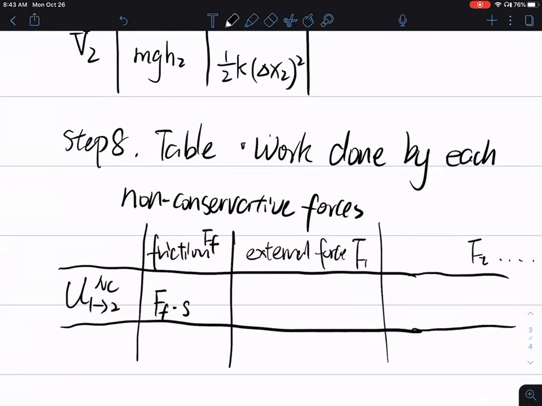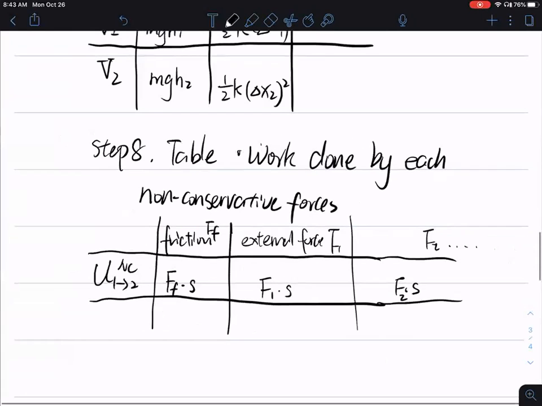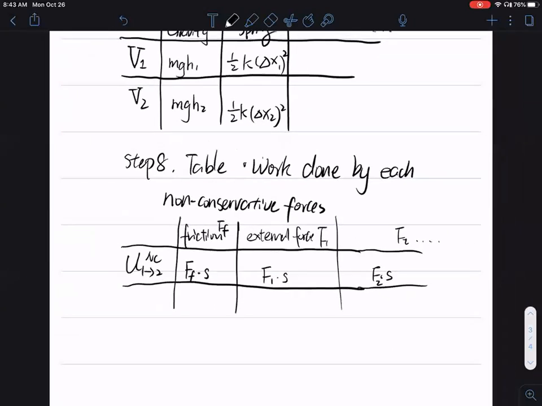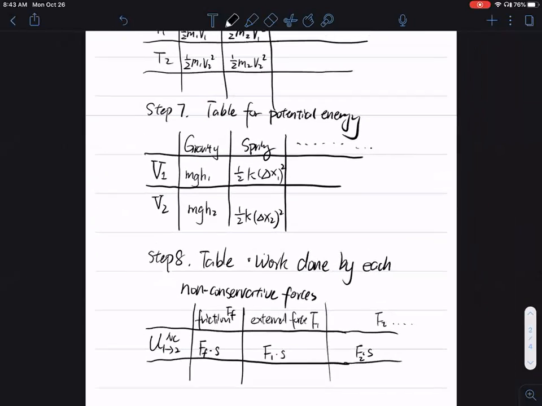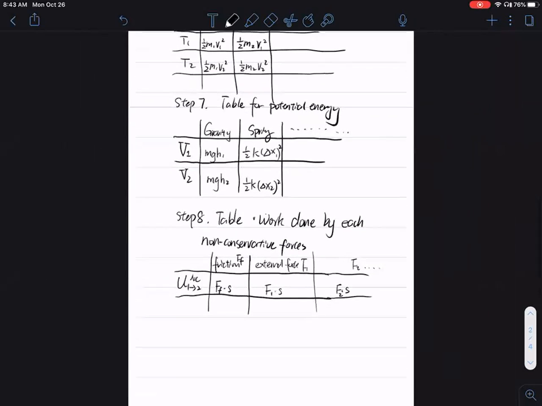And for any external forces, you're going to have just F1 times the distance, or F2 times distance. That's F2. Okay. So by the end of step 8, you should have 3 tables with kinetic energy, potential energy, and work done by non-conservative forces. And step 9 is to assemble the equation.